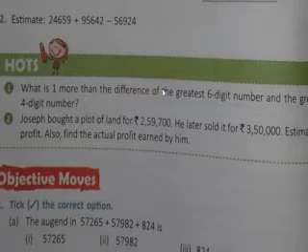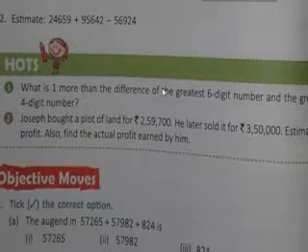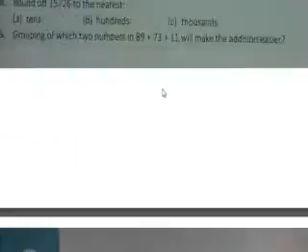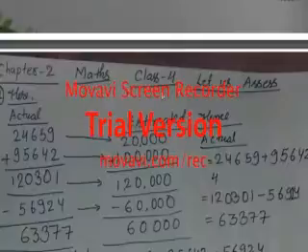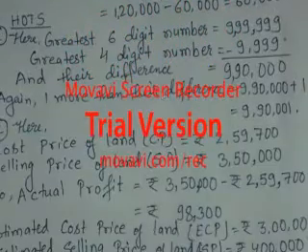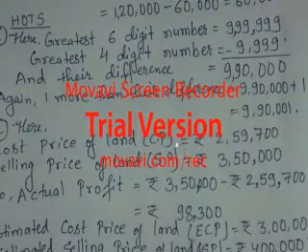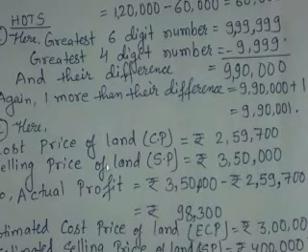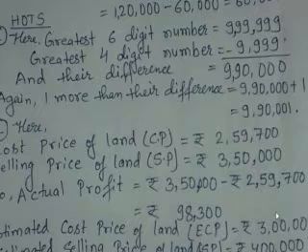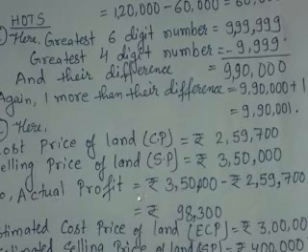Okay, so let's see. I had written here question number 2. At first I had written cost price of land, CP. CP means cost price is equal to rupees 2,59,700. Selling price of land, SP, is equal to rupees 3,50,000. Actual profit becomes what?